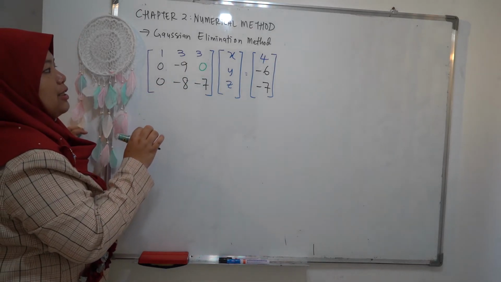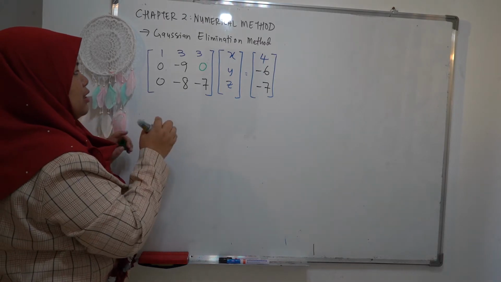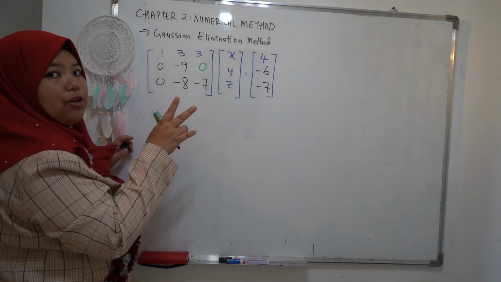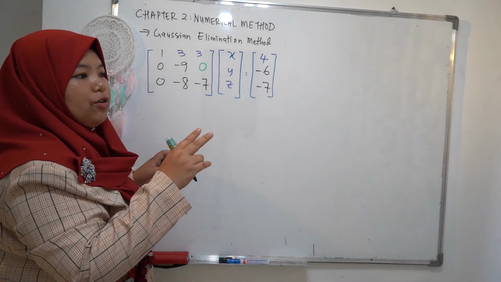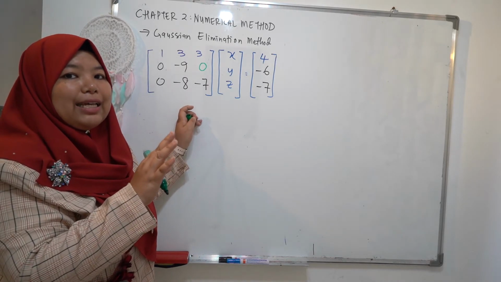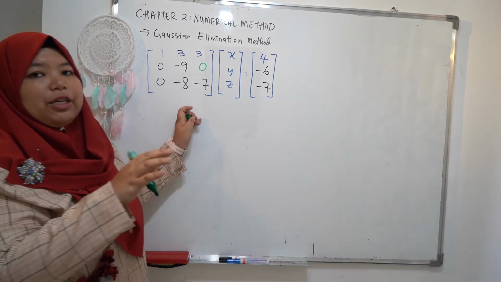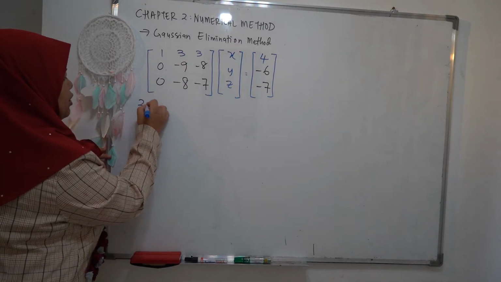So this is the example. For the conclusion, if you have two 0s in any row, you don't have to do a second order transformation. So I start with the second order transformation.